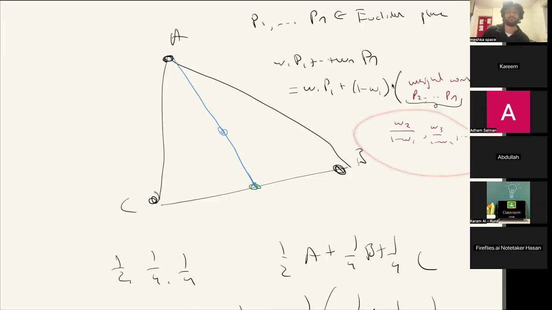And these have to sum to 1. So by induction, you're always going to stay inside of the convex hull. Does the proof make sense, Abdullah?